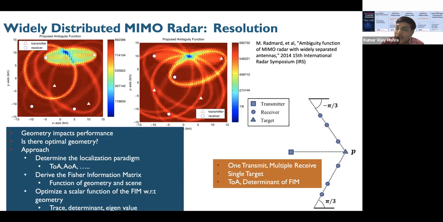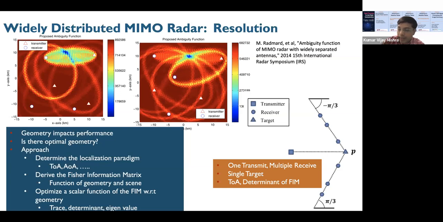MIMO radar is for civilian applications, for imaging radars, and this is a point of contention between the MIMO and phased array communities. So when we are comparing the two, I don't think even in the co-located case there is a clear verdict that MIMO radar is really the best. There are all kinds of considerations.